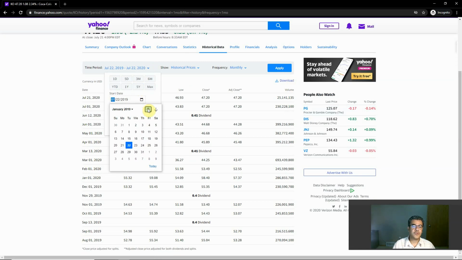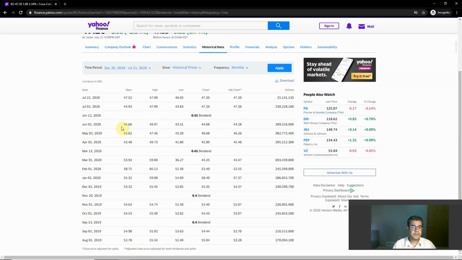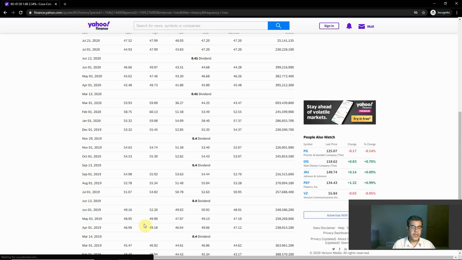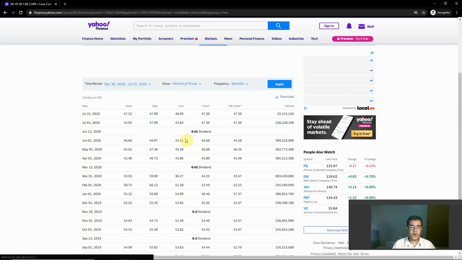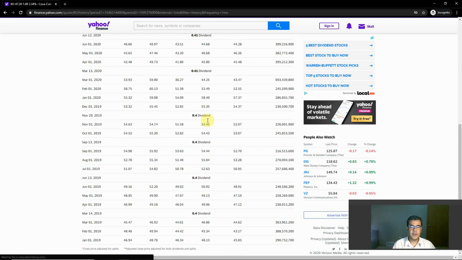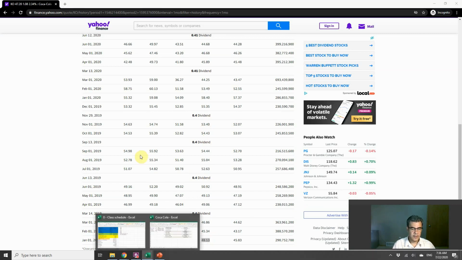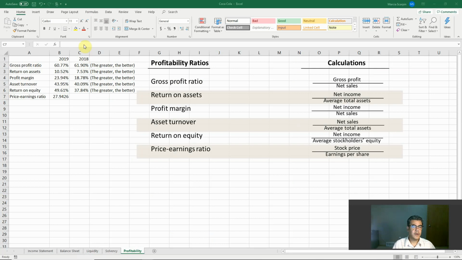Oh, guys, we only need to check here, okay? Done. Apply. Okay, January 1st, 2019. Close is here, 48.13. Here plus 48.13 divided by earnings per share.